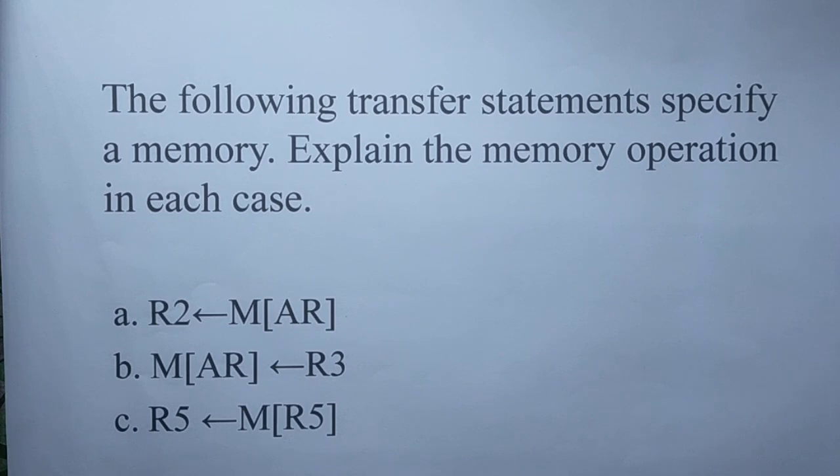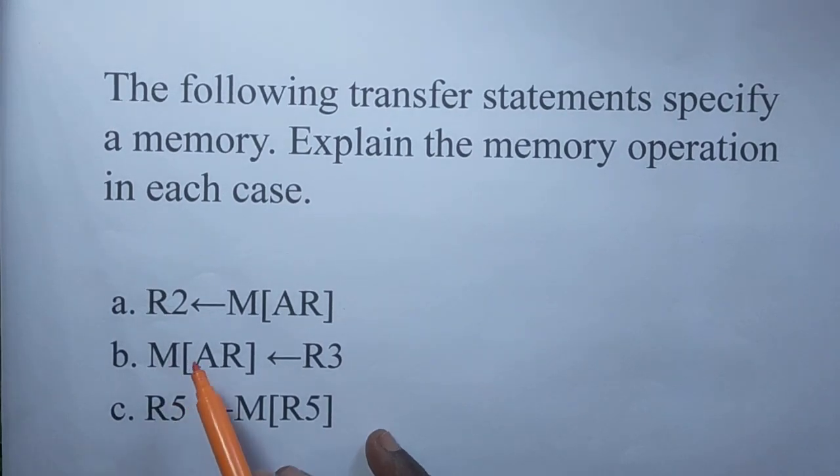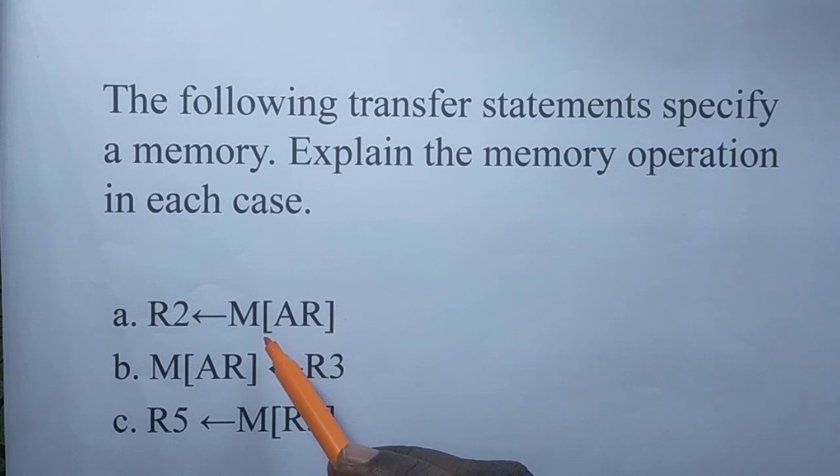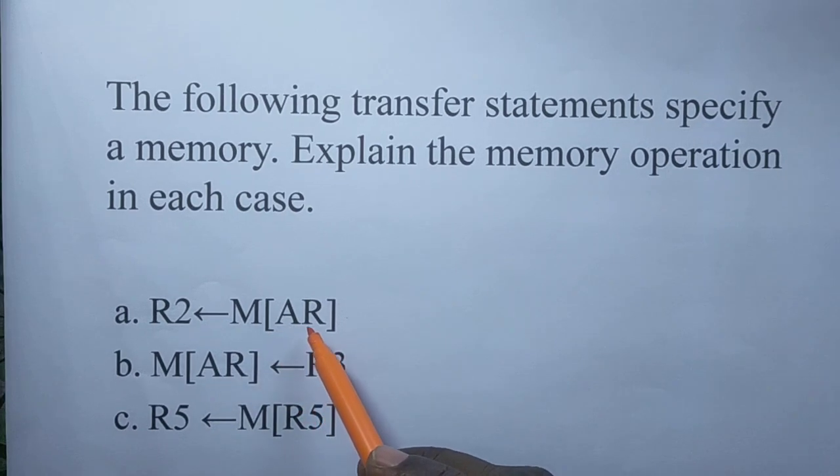Suppose the following transfer statements are defined like this, specified by memory, and the memory operation we use whenever different transfer statements are considered. Okay, so in the first case, you see, very simply, here is mentioned register R2, that means the content of memory at the address register is transferred to R2.